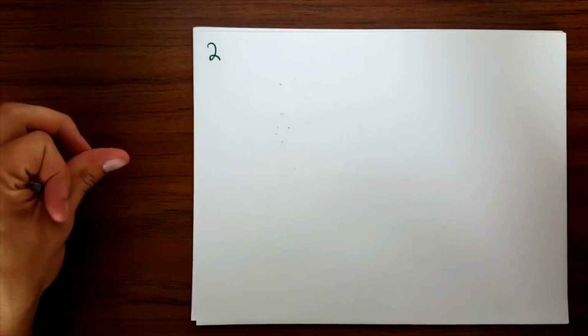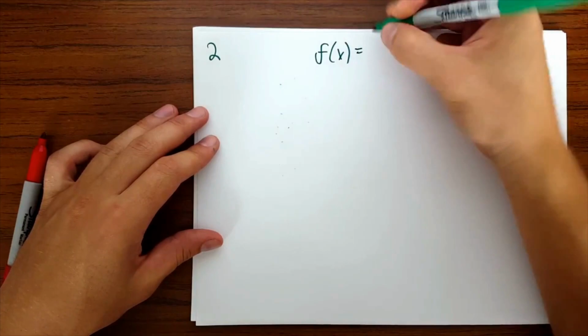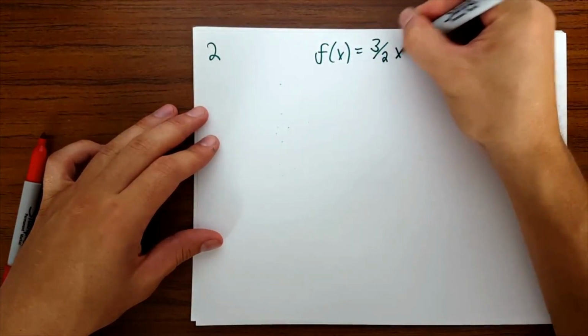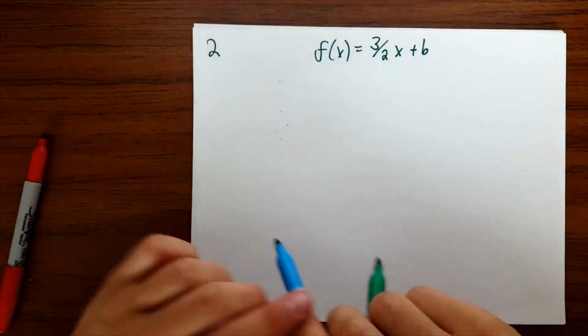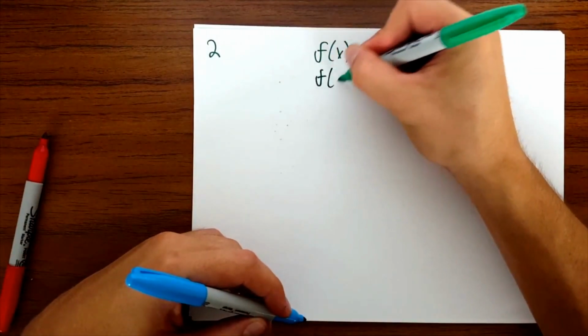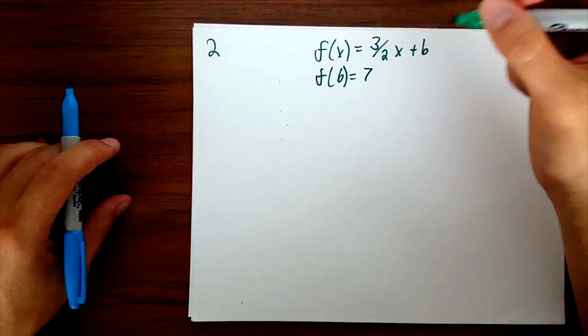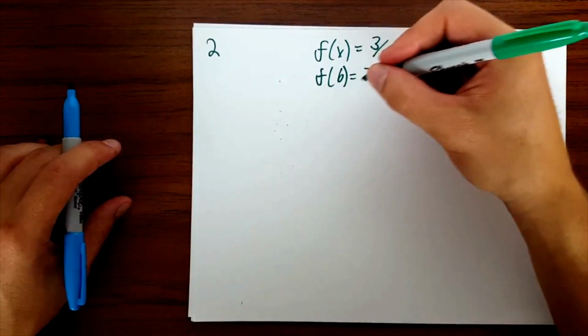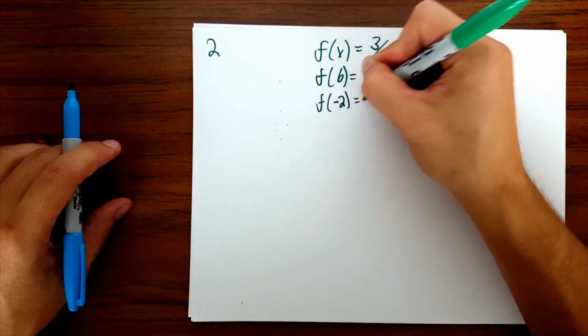Which is: you have a function f of x equals 3/2 x plus b, and you're given that f of 6 equals 7, and you want to find f of negative 2 equals question mark.